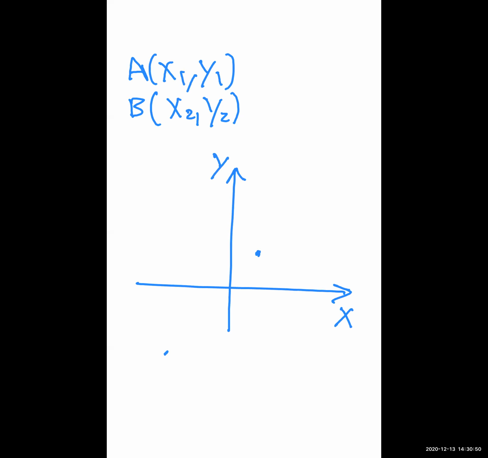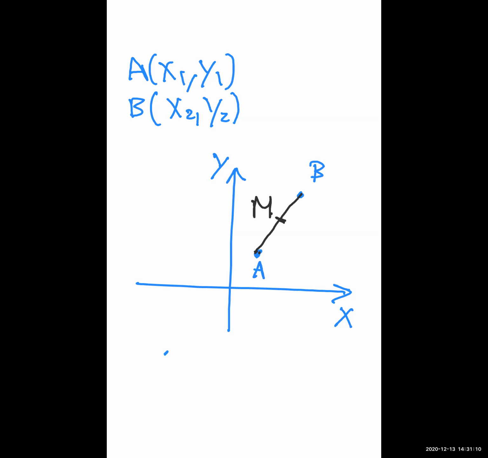So if this one is point A and this one is point B, now this line segment AB, the midpoint will be here on the middle distance between A and B, which is M, for example. So how to get this one?